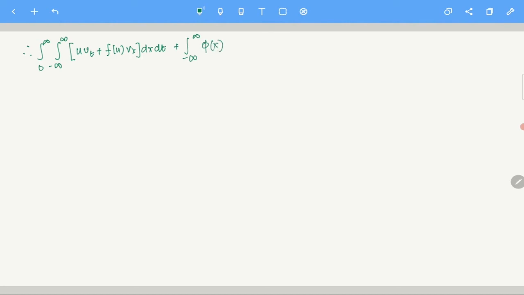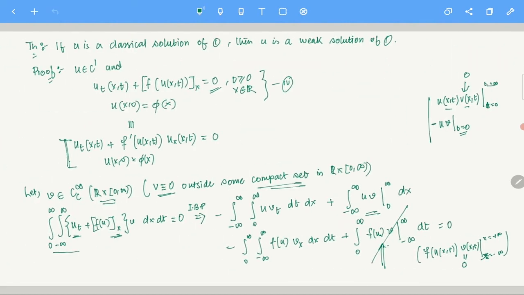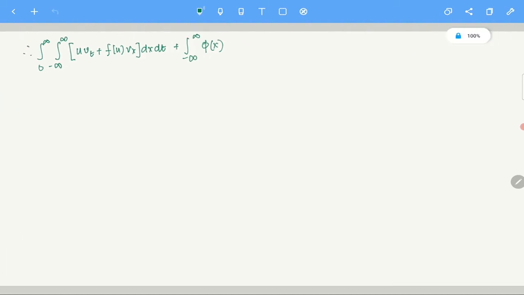Why phi of x? Because you see minus u at the point (x, 0) times v at (x, 0), and the boundary term u at x, 0 is given to be phi of x. So it is phi(x) times v(x, 0) dx, equals 0. So this is true.